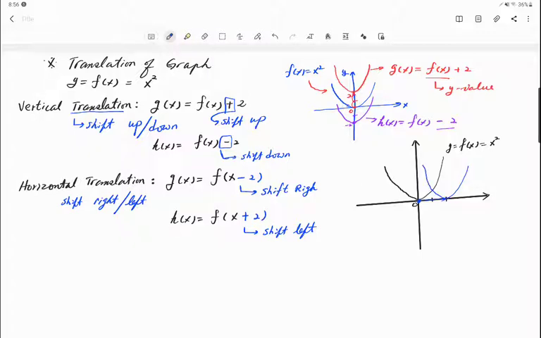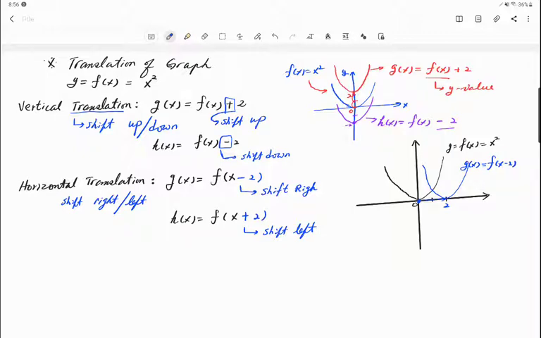And this is the function, let's say g of x. Then this g of x is really simple. This time, replace x. For 2 units to the right, we subtract 2 from x. So instead of adding a number to the y value, we add or subtract from the x value.